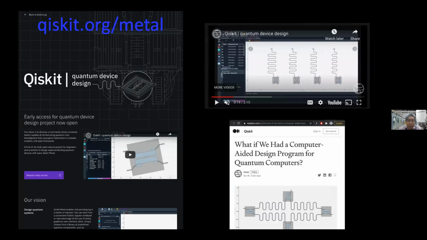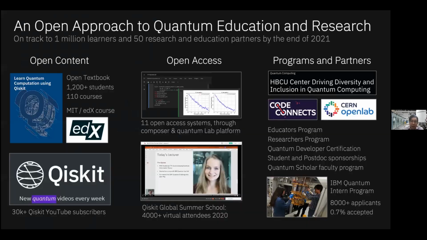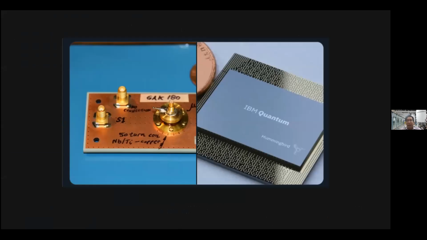software framework. So we released Qiskit Metal, which is actually a computer-aided design at the qubit and say coupler level, to even start to play around with designing simple circuits. And so, yeah, with that, I'd like to just basically conclude that it's a lot of work that's going into enabling the systems, right, and to having a broad ecosystem in terms of education, research, and access through open source.